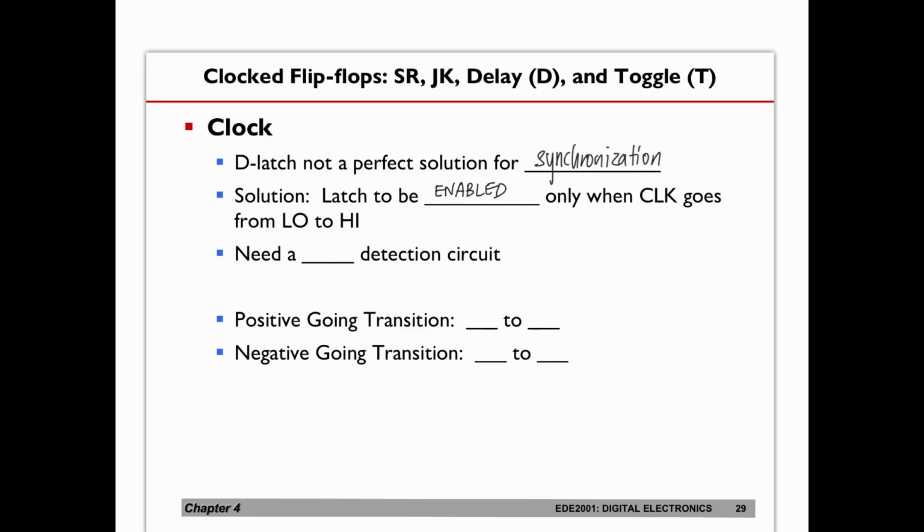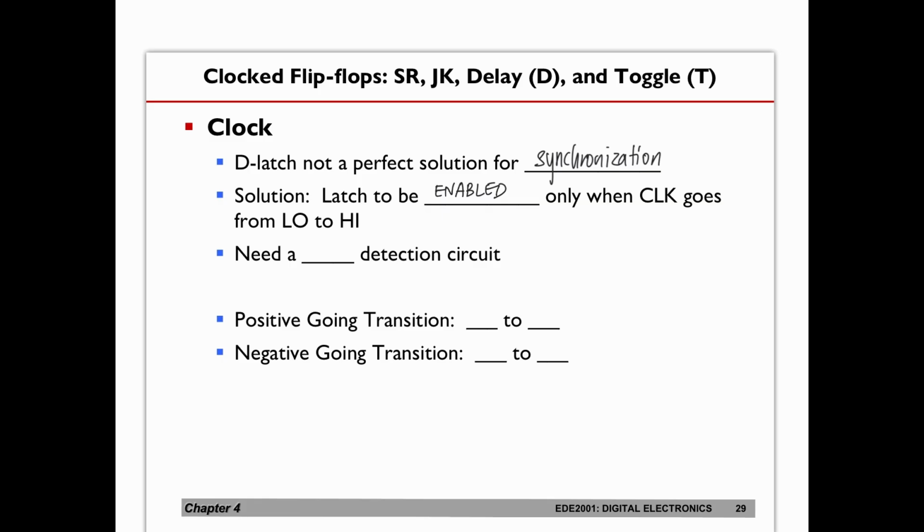So take note, what we want now is a latch to be enabled when the clock goes from low to high, or from high to low, depending on which type you want. You want the latch to be enabled only when the clock goes from low to high. So what you want here is an edge detection circuit.